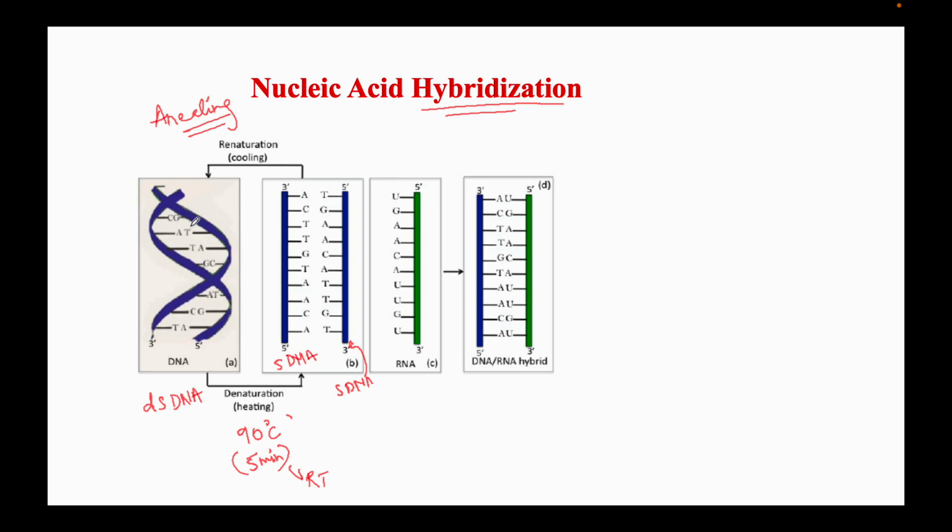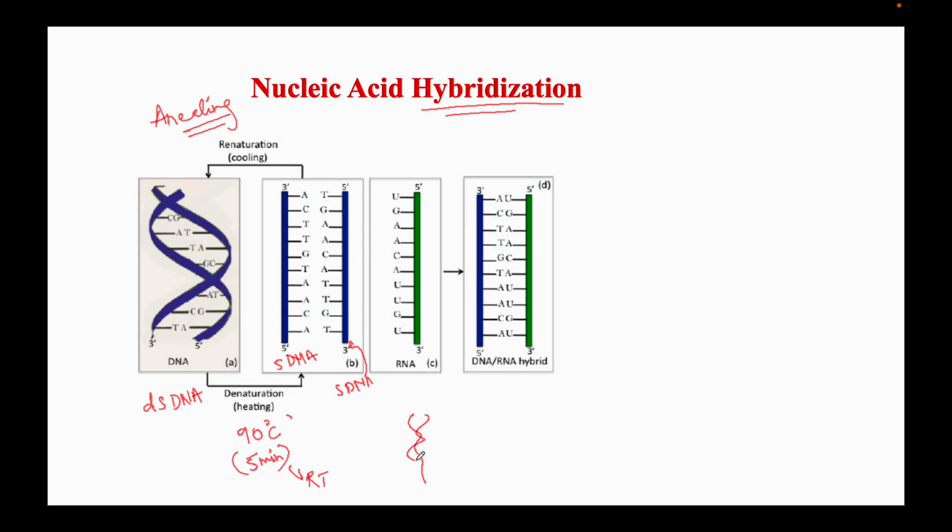Then if we need to hybridize this DNA, what will we do? So we have a single-stranded DNA. If we need to hybridize this DNA with RNA and make a DNA-RNA hybrid, like this here, then we'll add this RNA mixture. If we add this RNA mixture, there are two possibilities that can happen.